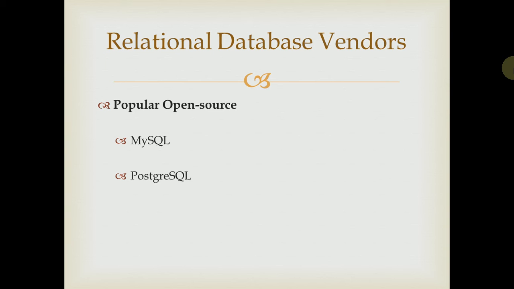For example, if you use MySQL, you can go to the website and download the actual program code, written in C++ or Java. So you can see the source code for the MySQL database, and that's what open source means. Non-open source means that you're not able to look at the program code or source code. For example, Microsoft won't allow you to look at the source code for SQL Server.